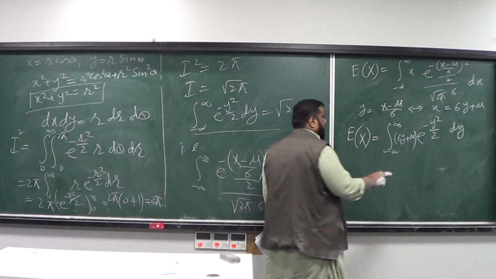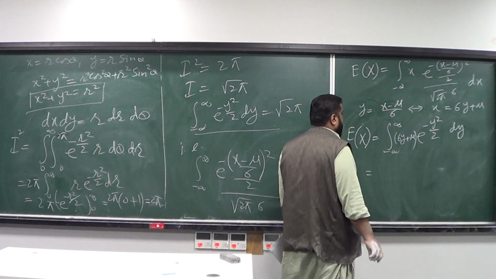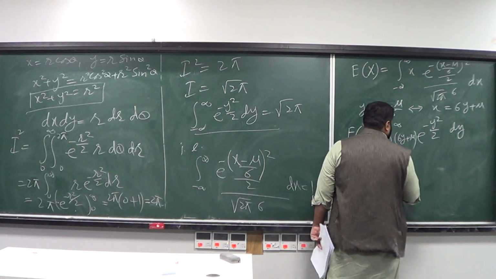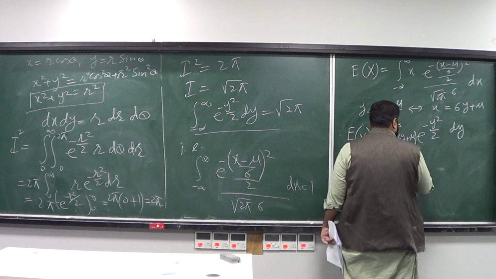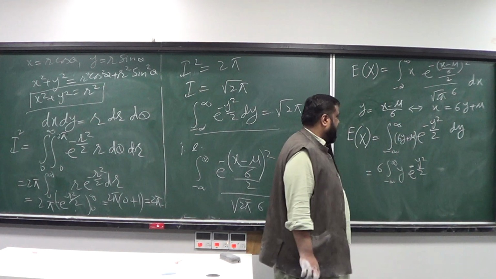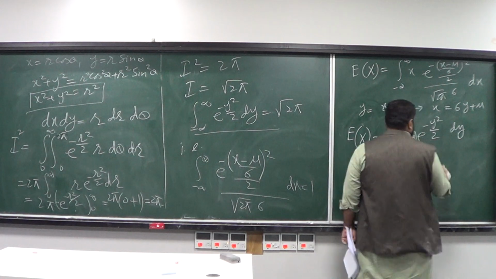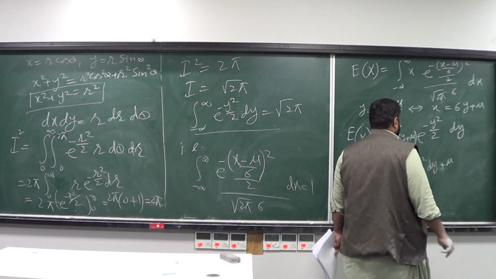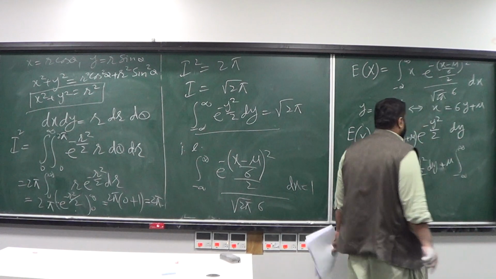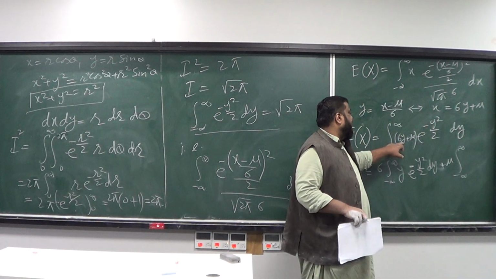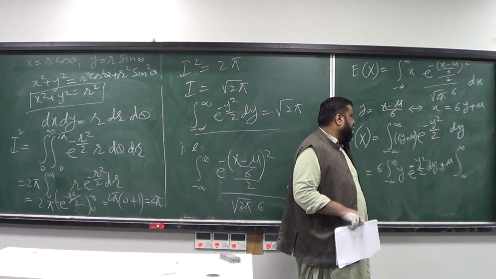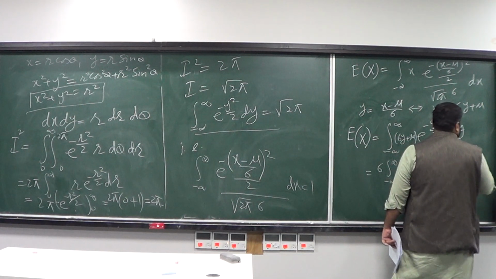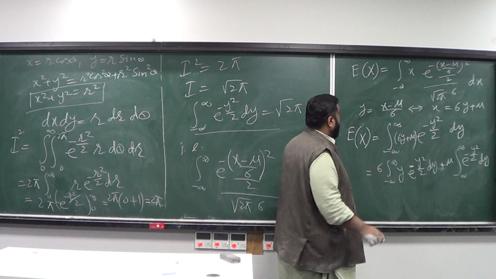And if you simplify this integral, what you're going to get is sigma times the integral from minus infinity to infinity of y e to the minus y square by 2 dy, plus mu times the integral from minus infinity to infinity of e to the minus y square by 2 dy.